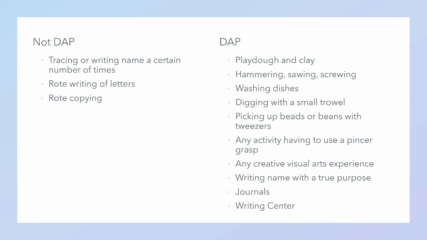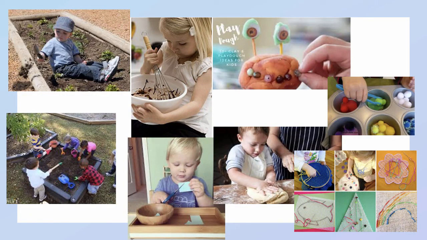Journaling, writing centers, dramatic play centers, block centers, listening centers, all sorts of centers allow for fine motor development. These pictures show developmentally appropriate opportunities to develop fine motor skills.